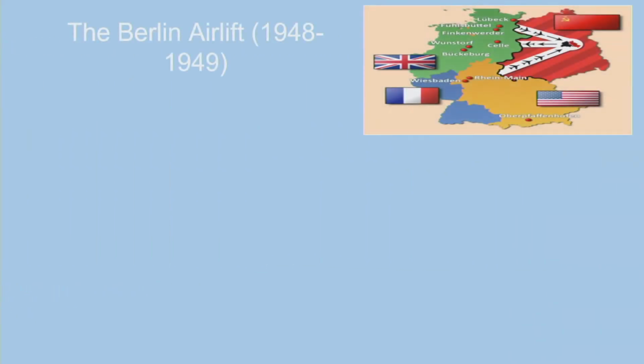The first test of the Cold War came in 1948 and 1949. Now, remember that we had said that Berlin was divided into occupation zones, the city, just like Germany itself was. Right, and by 1948, those have sort of coalesced into West Berlin for the Western occupied areas and East Berlin for the Russian areas, a city divided in two.